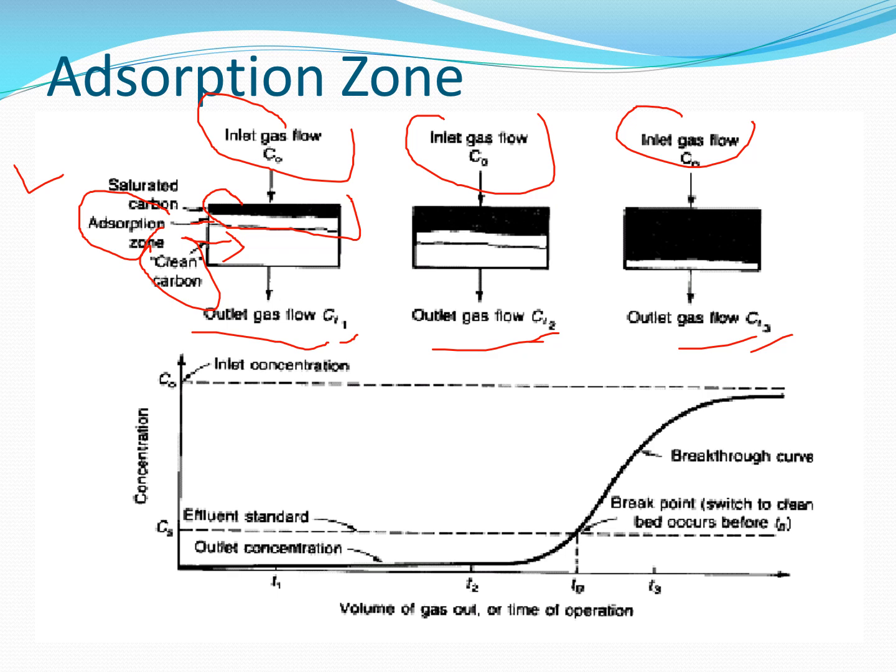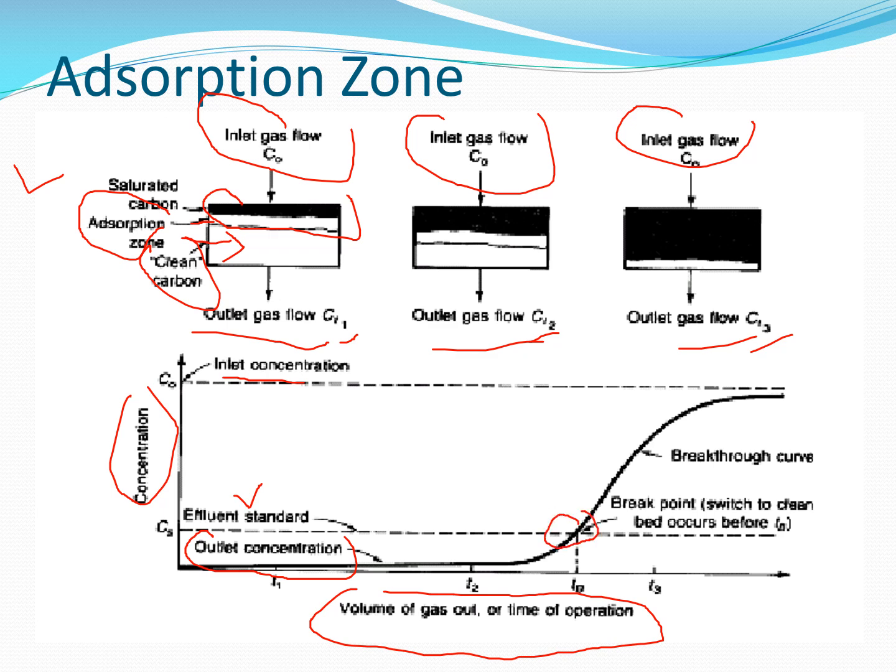You can see on the x-axis we have time of operation. On the y-axis we have concentration. At the start, you can see this is the inlet concentration, this is the effluent standard. Inlet concentration is C naught. This is the outlet concentration. At time T1 the concentration is very low, which means adsorption is going on very well.